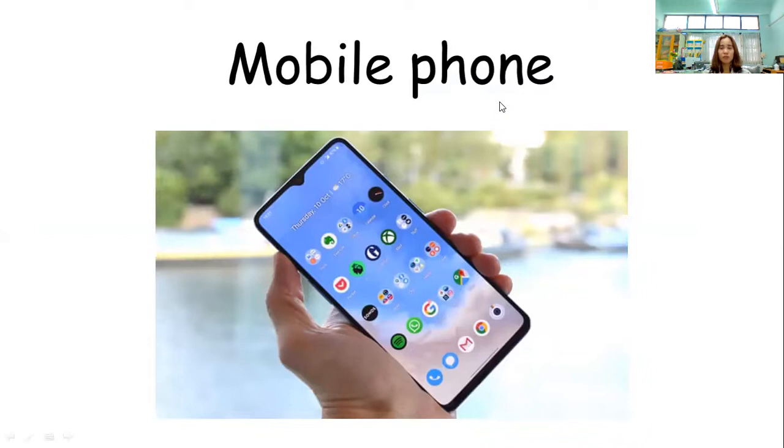We can use mobile phone to communicate with our loved ones, friends, relatives. And also we use our mobile phone for online class, like most of you, I know you are using your mobile phone, right? That is the use of mobile phone.